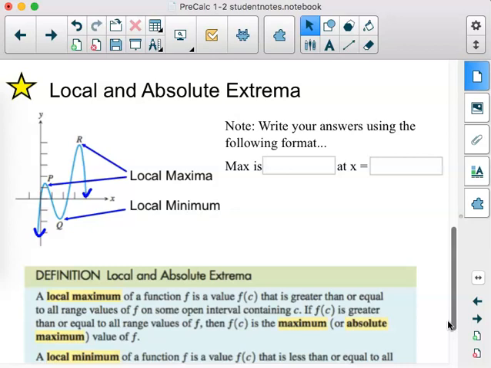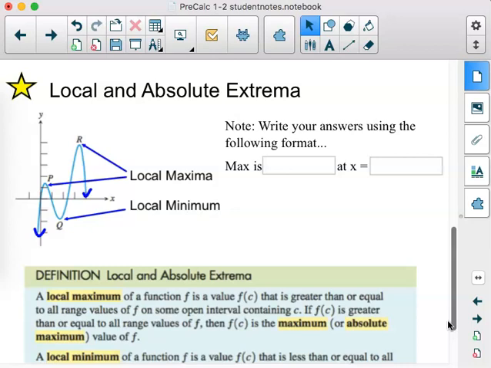It's not the absolute minimum because this arrow is showing this graph is going to go down forever. This one would be considered the absolute maxima. So when you look at this, know that it can be a local maxima, and if it's the highest point for the whole graph, then it's also the absolute maxima.